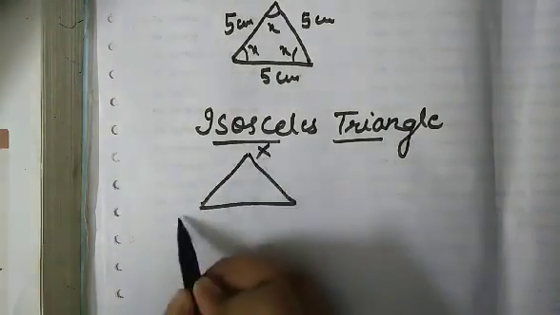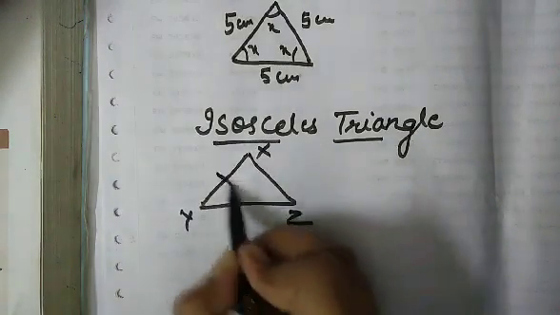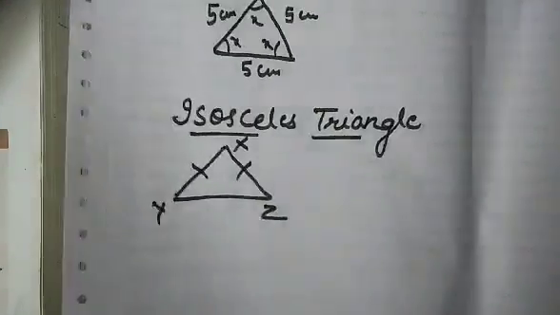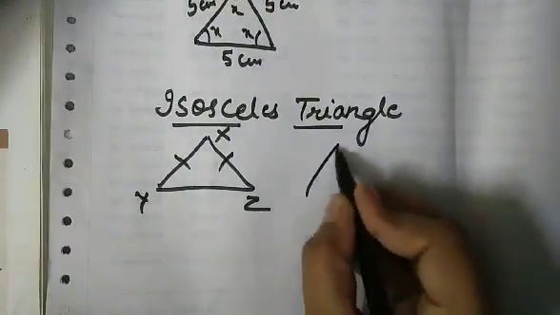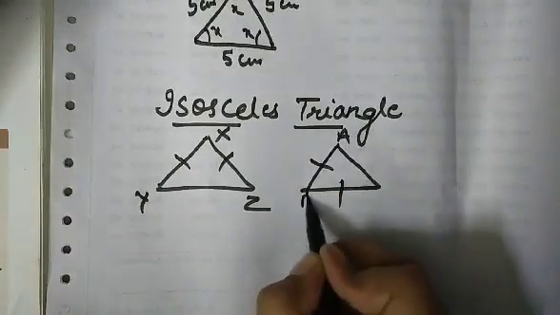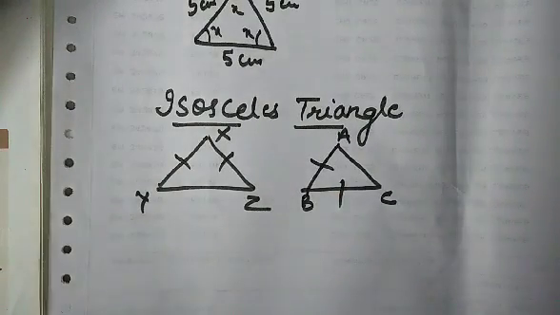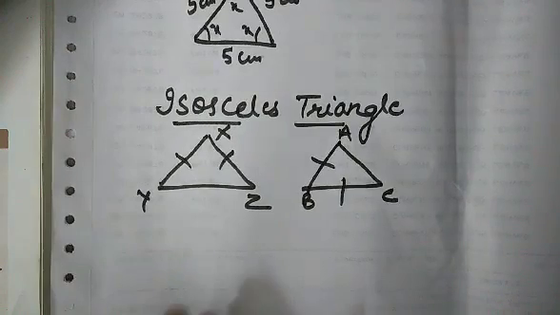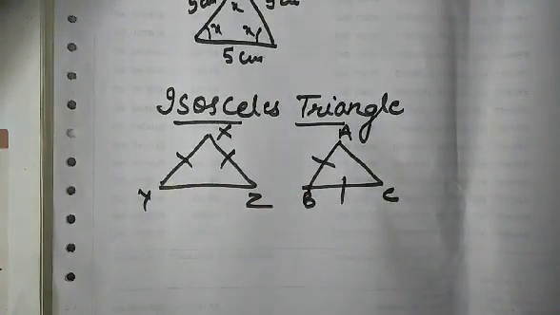So suppose XYZ is a triangle. If I take these two sides as equal, then I can say this is an isosceles triangle. If I take this as ABC with two sides equal, then this is also an isosceles triangle. It means if any two sides of the triangle are equal, it is an isosceles triangle.